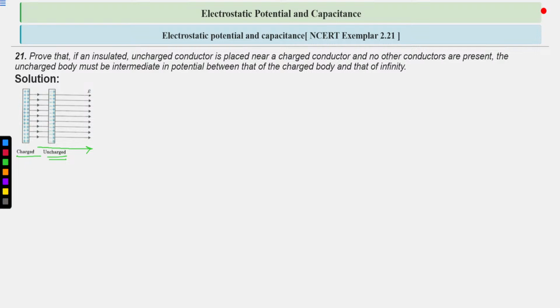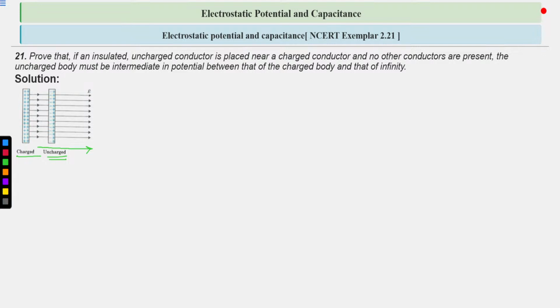So the potential at the surface of this conductor is very high, and it decreases as we go away from this conductor.